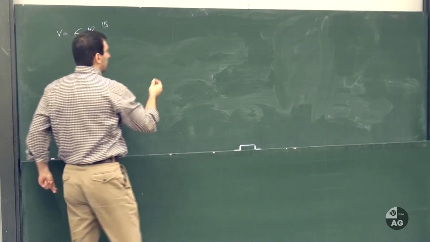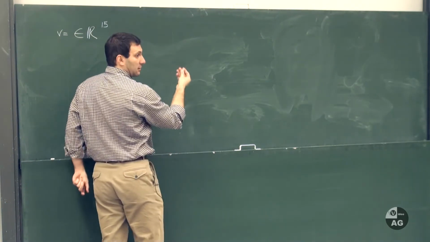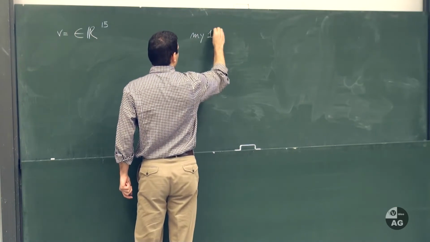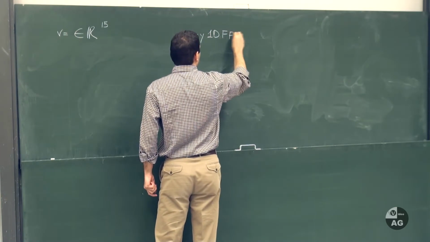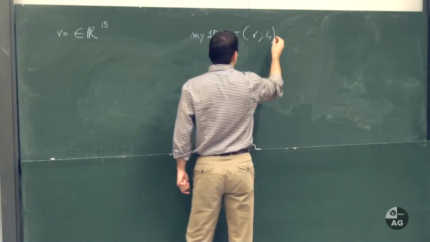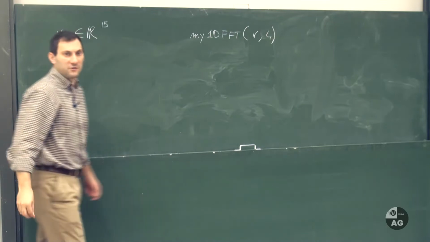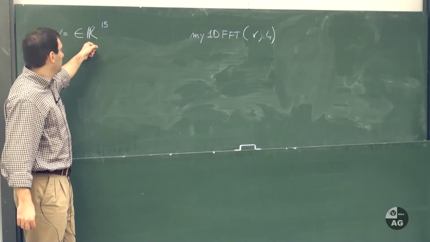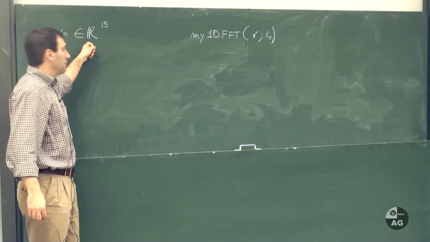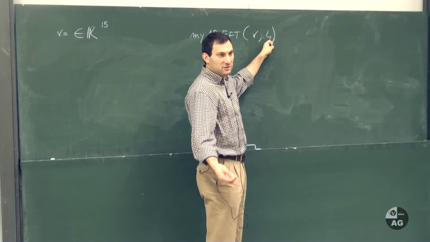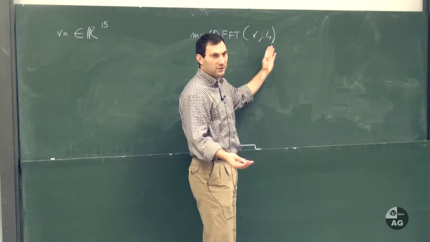Okay. And for some reason, I am not particularly smart, and I ask my 1D FFT of V4. Okay, this is a stupid request. I have to compute the FFT of an object of size 15, and I want to decompose this FFT in pieces of 4. Well, clearly I cannot do that.